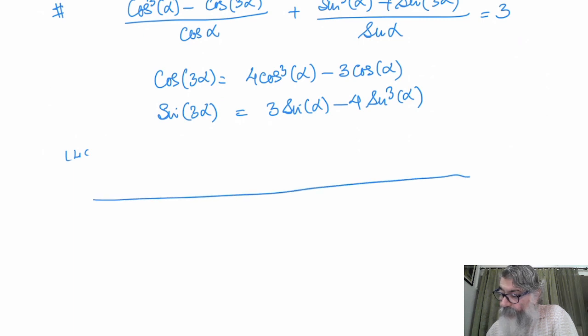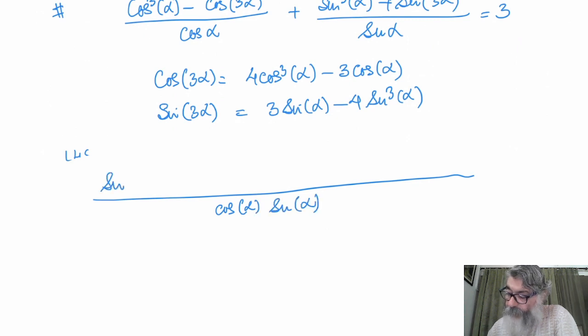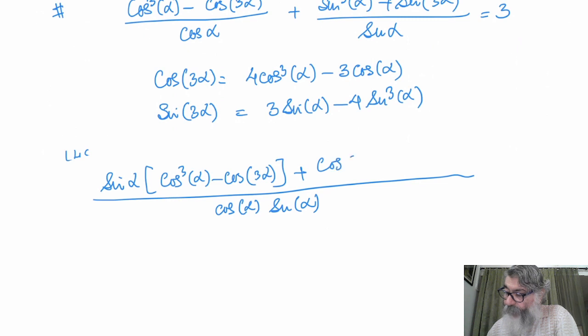LCM is cos alpha sin alpha. So sin alpha into cos cube alpha minus cos 3 alpha, plus cos alpha into sin cube alpha plus sin 3 alpha, and now we will substitute the values.